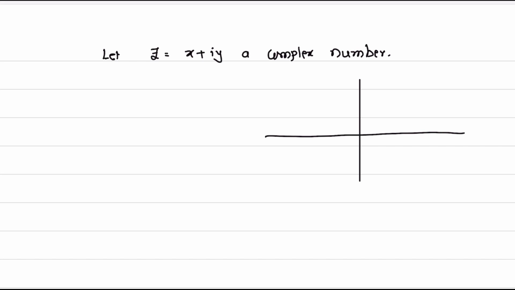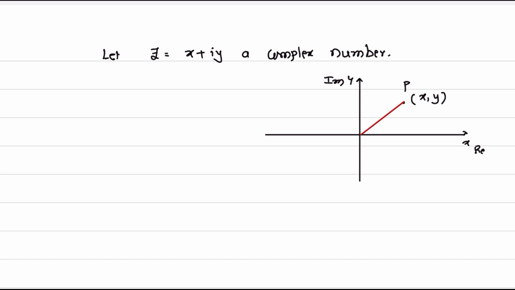Because it's a complex number, we have to draw the complex plane. This is the real number on the x-axis. This is the imaginary number on the y-axis. The component on the x-axis is x, and on the y-axis, it is y. This is point P, (x, y), and this is the origin.